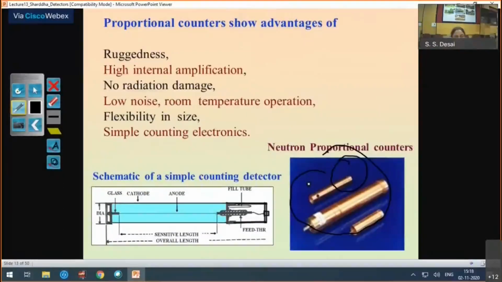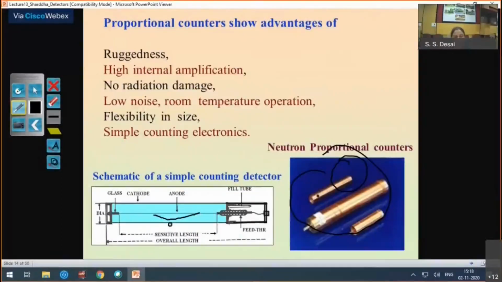Okay, so here you can see how a simple counting detector is actually made. It is so rugged that you can have a very tough outer casing and a very thin anode here. It helps in reaching a very high electric field, but handling these anode wires is also a very skillful job.